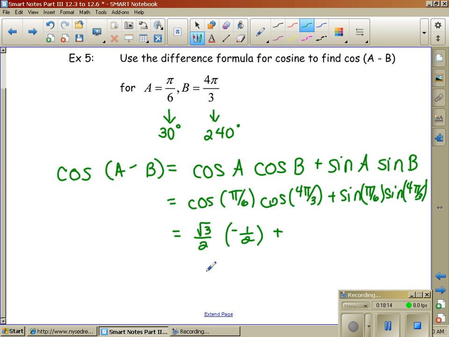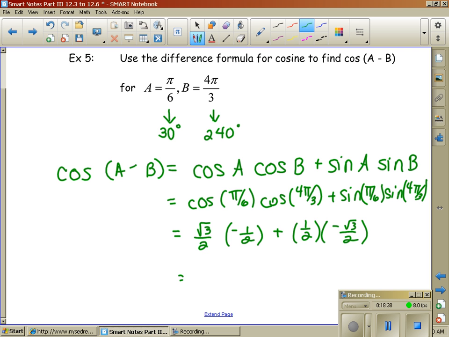Again, if you need to, draw the triangles, look at that. Sine of 30, 1/2. Sine of 4 pi over 3, again, reference angle of 60 in the third quadrant. So sine is negative in the third quadrant. And sine of 60 is square root of 3 over 2.